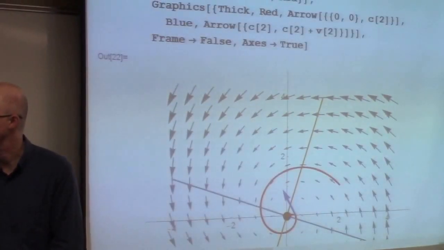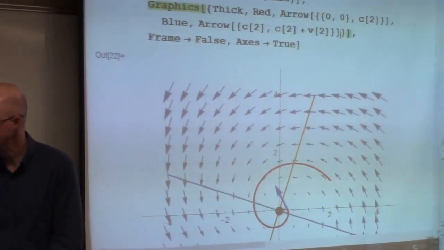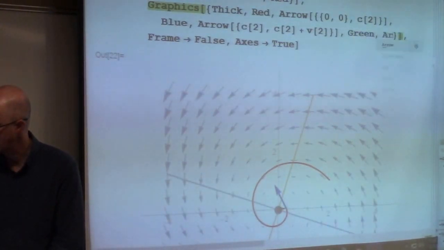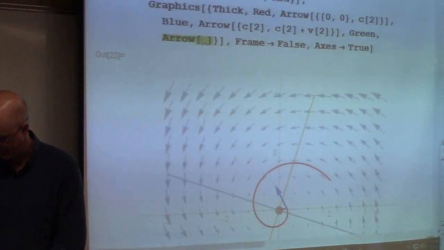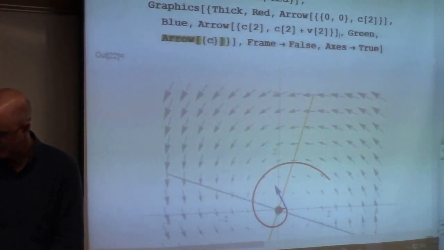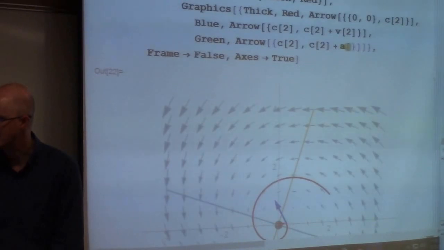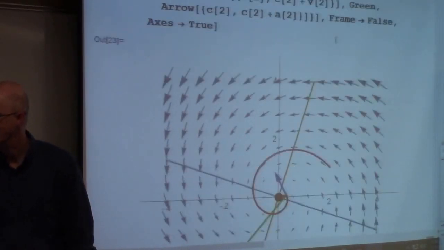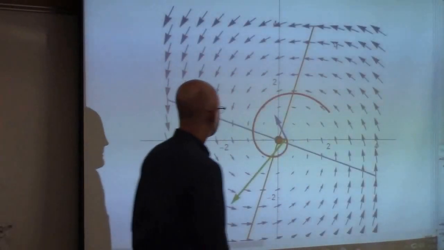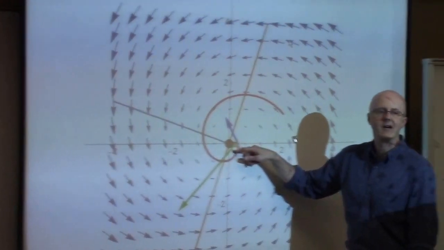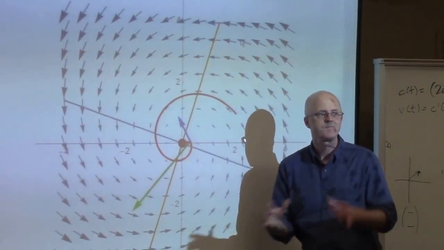What about the acceleration vector? Green arrow, C of 2, comma, C of 2 plus A of 2. There's your acceleration vector. Somewhat down that way, a bigger than 90-degree angle with the velocity vector.